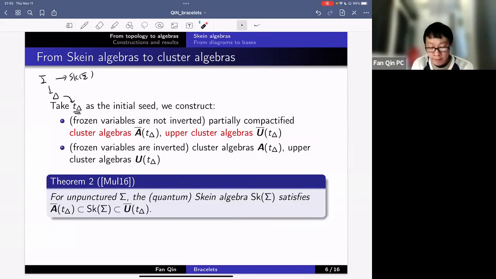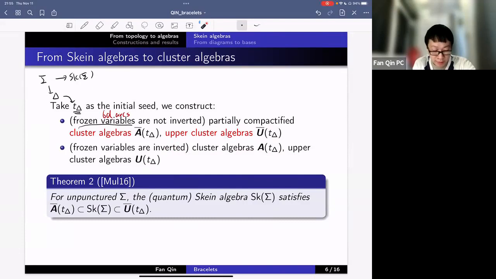By partially compactified, I mean that the frozen variables, or say boundary arcs, are not inverted in this algebra. And you can also invert them like we usually do for cluster algebras. This gives you the usual notion of cluster algebra A and upper cluster algebra U.